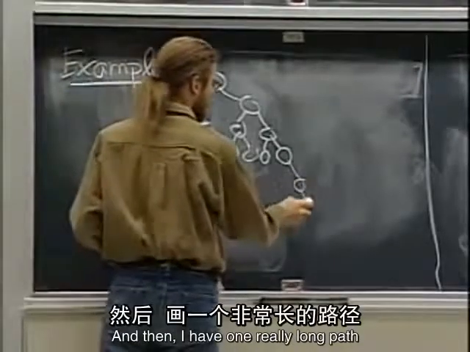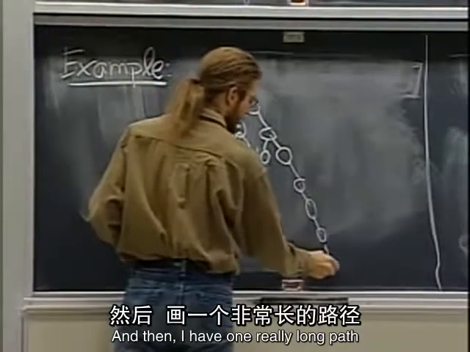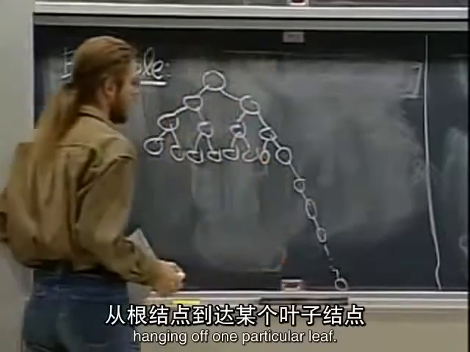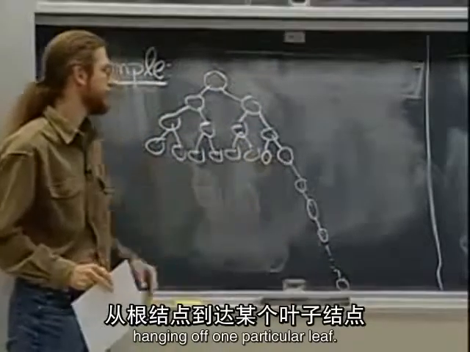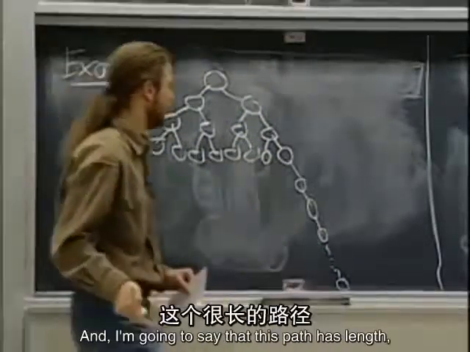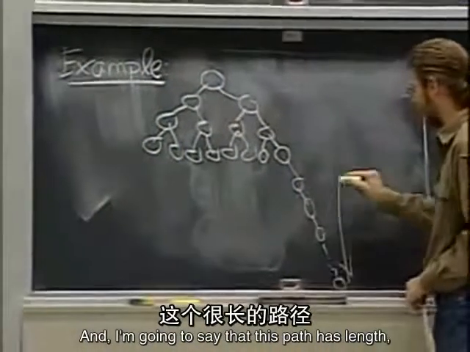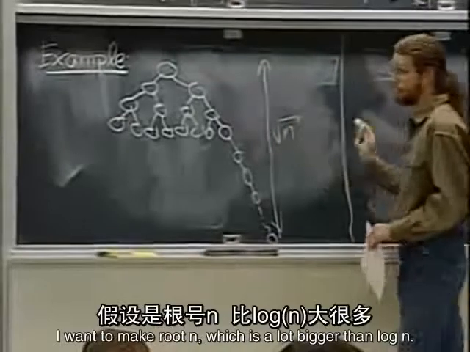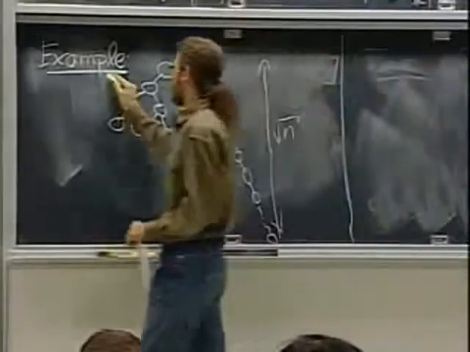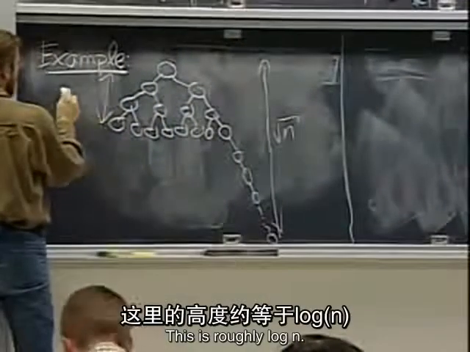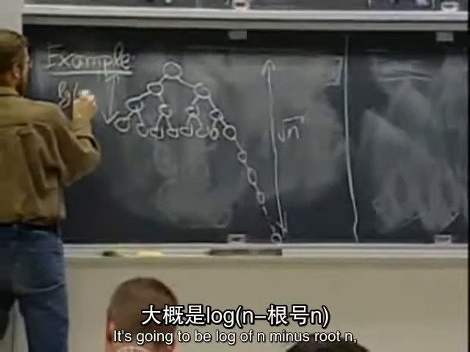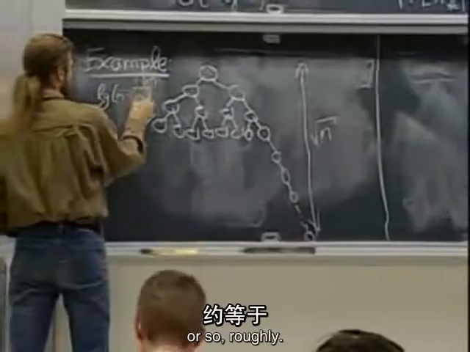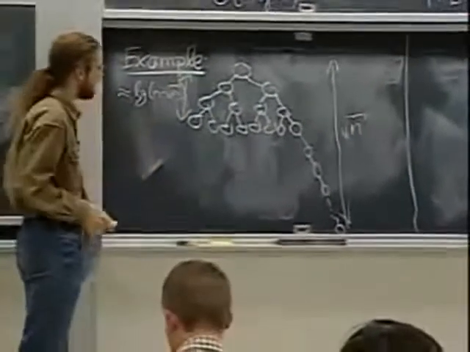And then I have one really long path hanging off one particular leaf, doesn't matter which one. And I'm going to say that this path has length, well, the total height here I want to make root n, which is a lot bigger than log n. This is roughly log n. It's going to be log of n minus root n or so, roughly.